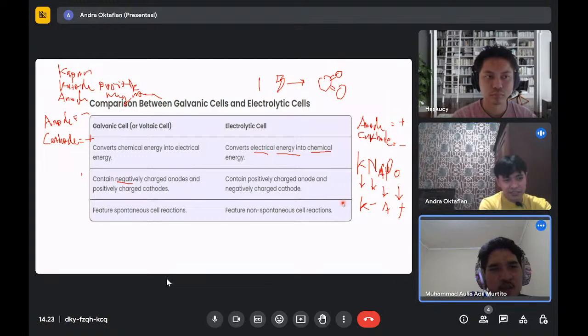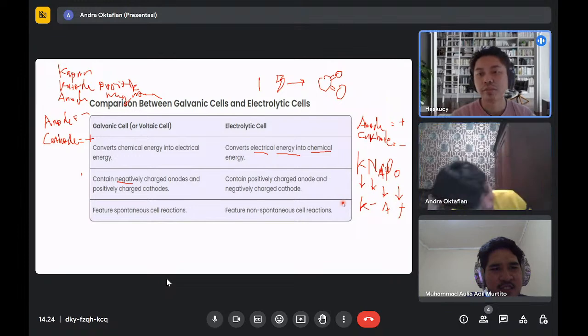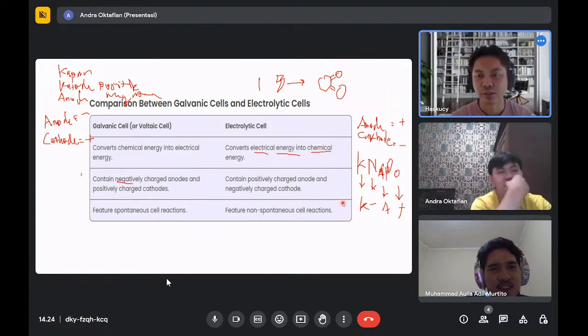Kind of wondering, guys, in nature is it only thunder that uses electrical energy, or is there something else? Electrical energy is kind of like the transfer of electrons, right?